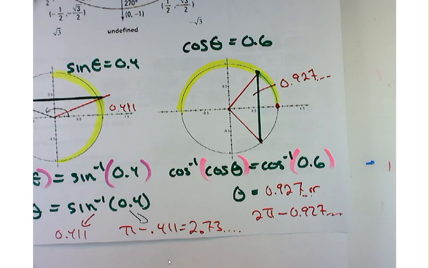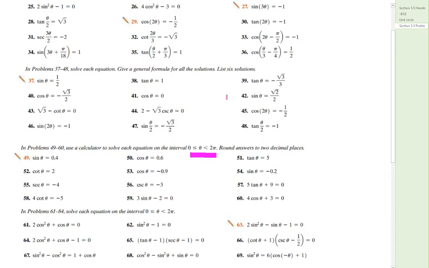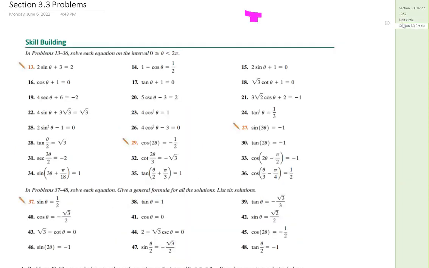And next I want to go to problem 37 in your homework. Let me pull that up for us here on the screen. I said 37, it's 27 right here. Oops. Why is that doing that? All right, right here.